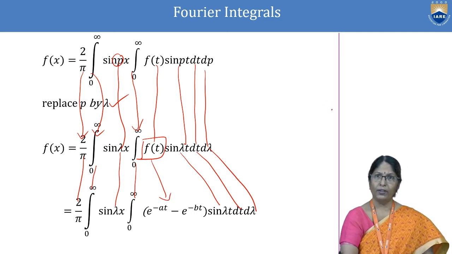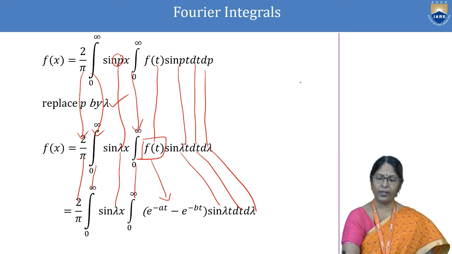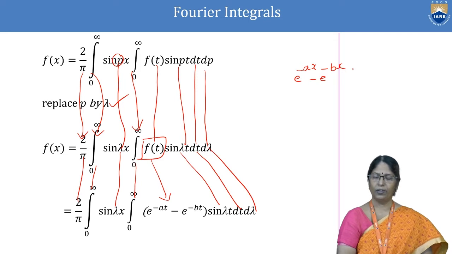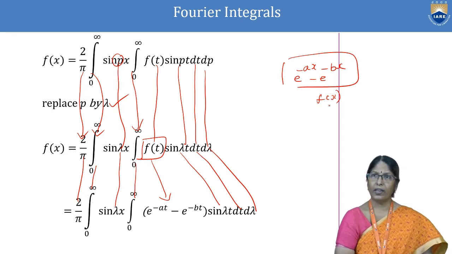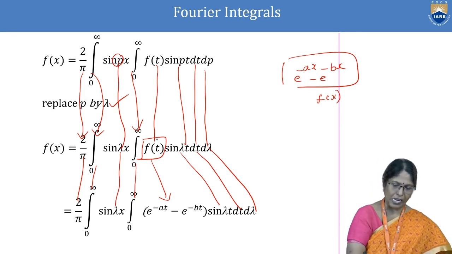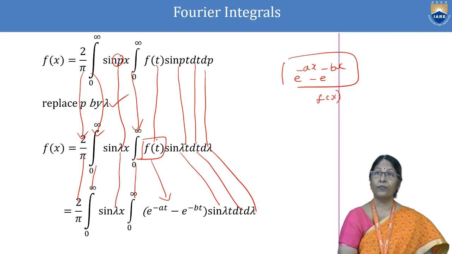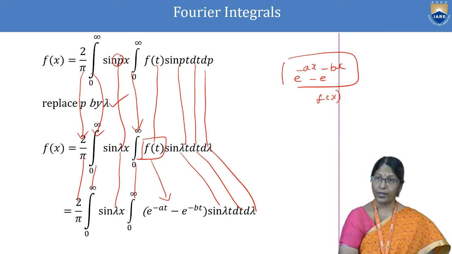In our problem, the left side is given as e power minus ax minus e power minus bx, which is nothing but f of x. But in the formula we have f of t, so better we can replace x by t.